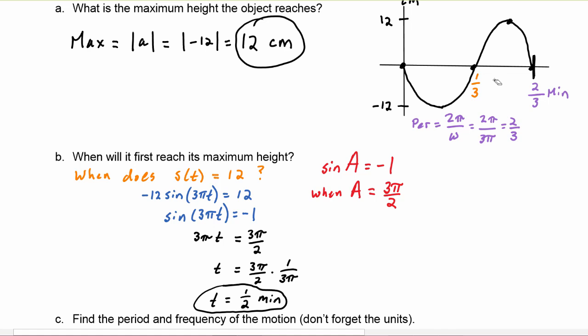Then the quarter point would be half of 1/3, which is 1/6. So we've got 1/6, then this would be 2/6, which is 1/3. Then the 3/4 point would have to be 3/6, which is 1/2. So that's another way, using the graph, that we could see that the maximum would be attained when t is equal to 1/2 minute.